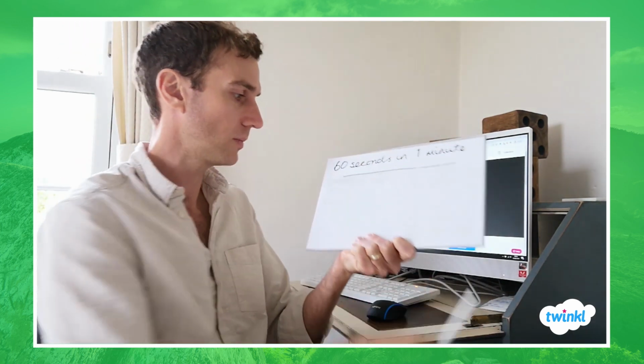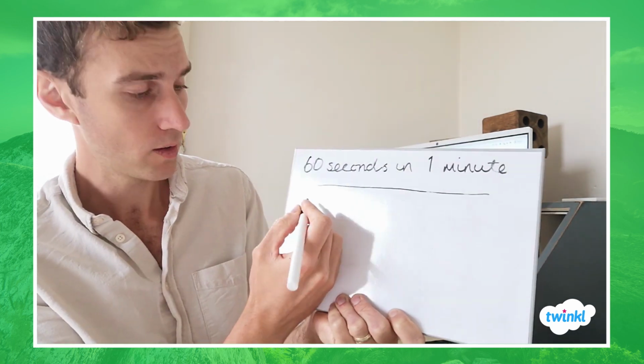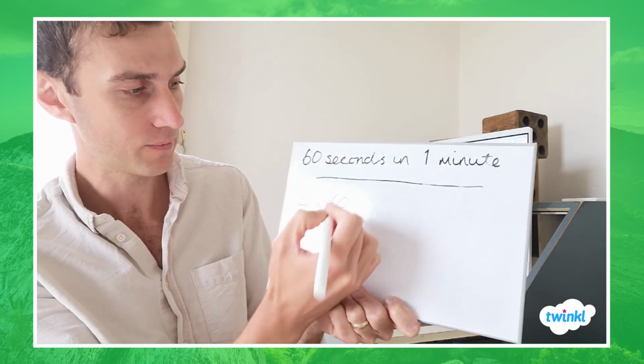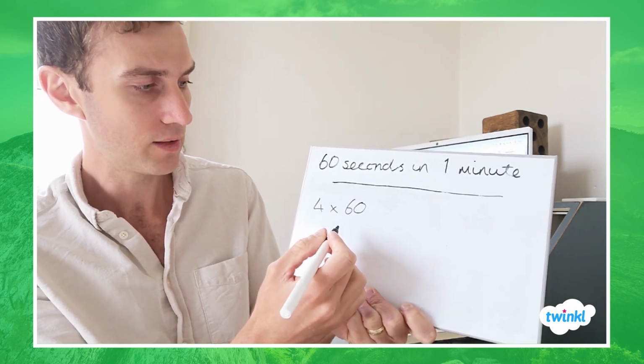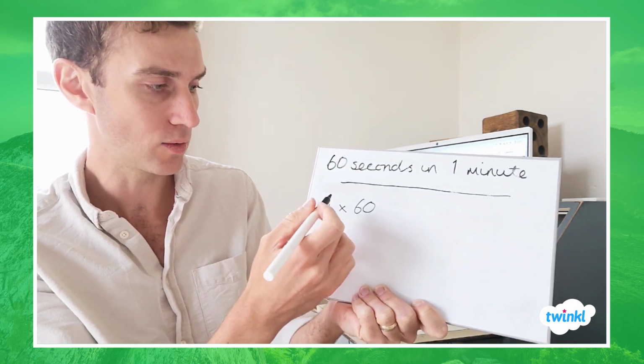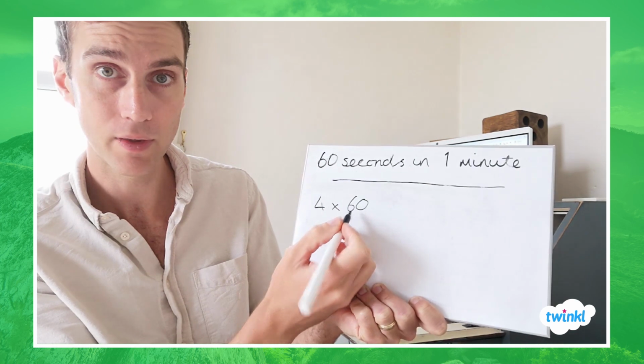Let's do that example. So 4 minutes and 30 seconds. I could do 4 times 60, because I need to work out that I've got 4 minutes and there are 60 seconds in each minute, so I need to do 4 lots of 60.